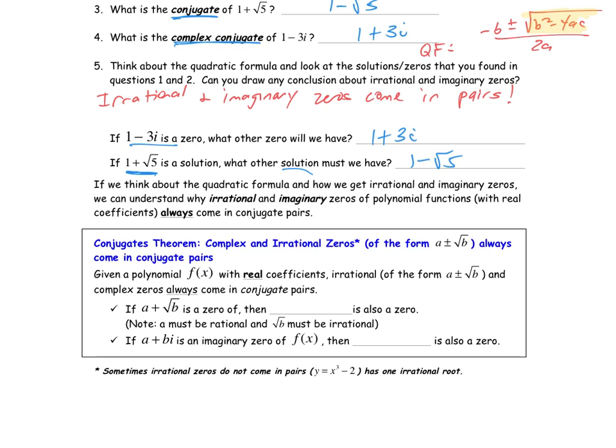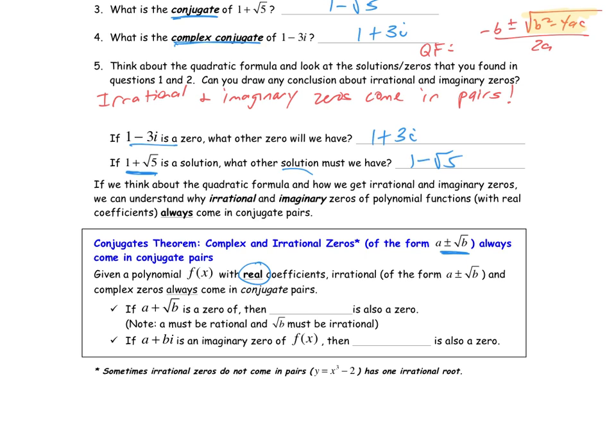So this leads us to the conjugates theorem, and that is that complex zeros and irrational zeros of the form a plus or minus rad b always come in conjugate pairs. Given a polynomial f of x with real coefficients, remember you have to have real coefficients, irrational zeros of the form a plus or minus rad b and complex zeros always come in conjugate pairs.